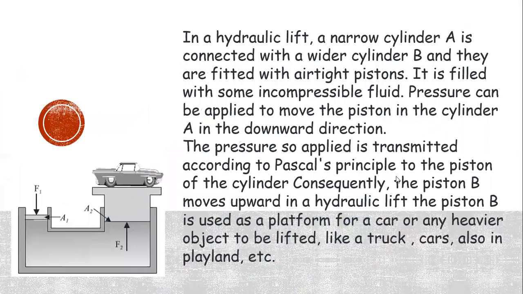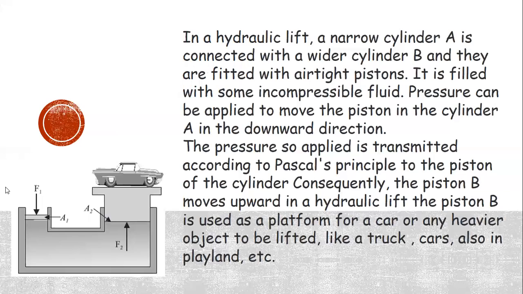Now, how does this hydraulic lift work? Again, we know that there is a narrow cylinder having a smaller area A1, and there is a bigger cylinder having a larger area than A1. It is filled with some incompressible fluid.